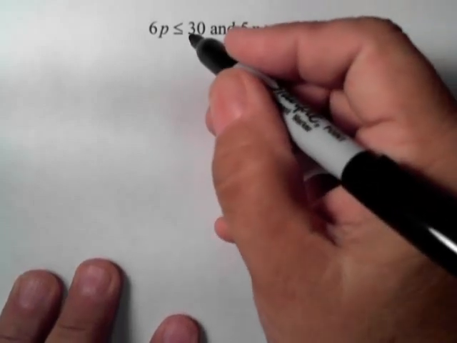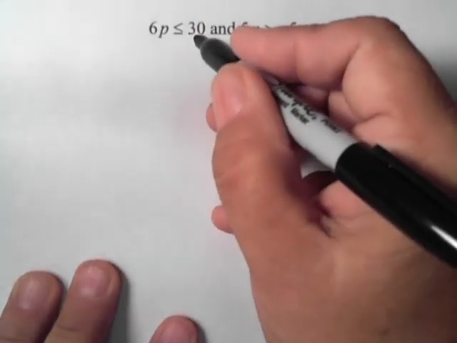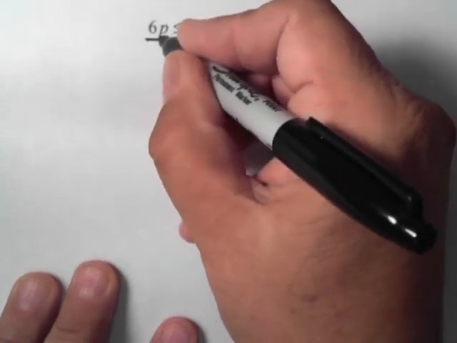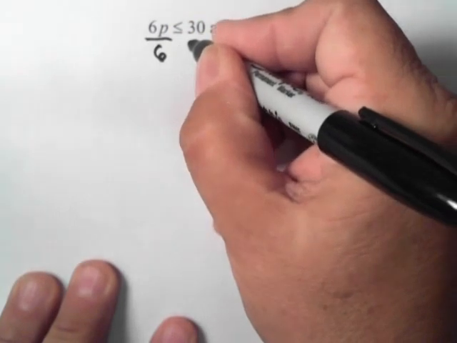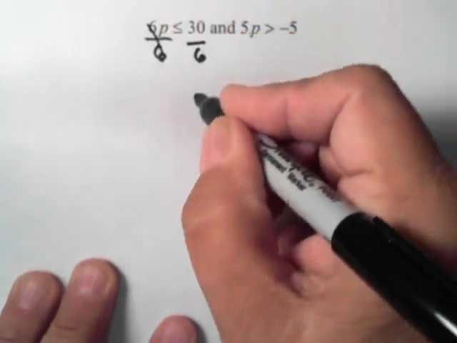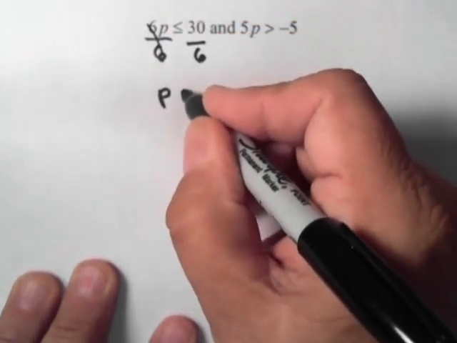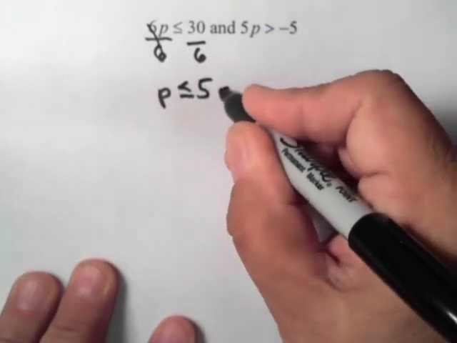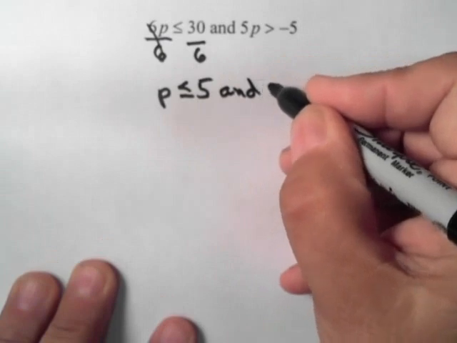Once again, the first thing you need to do is clean these up. I've got 6 times P is less than or equal to 30, so I've got to divide both sides by 6, and that gives me P is less than or equal to 5. Then we have the and condition.